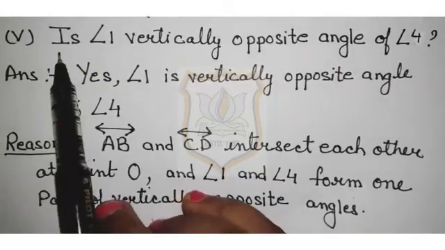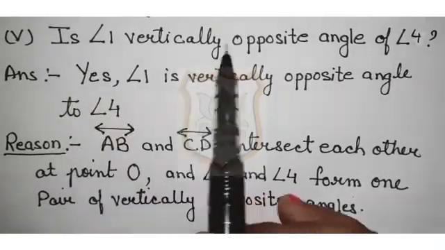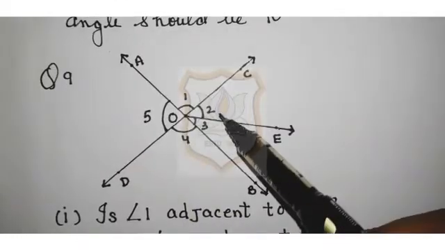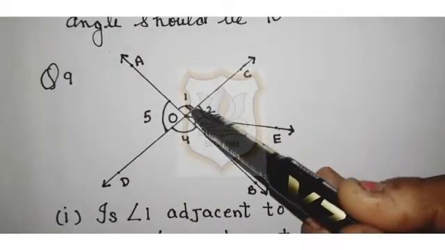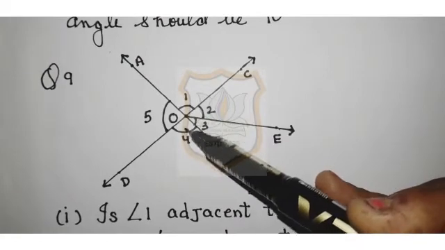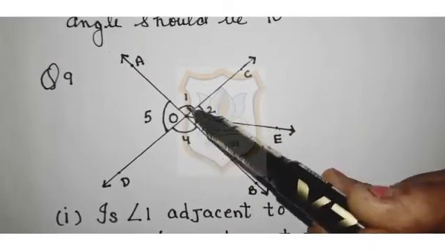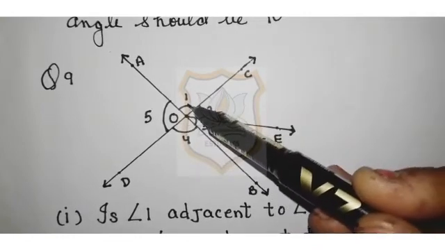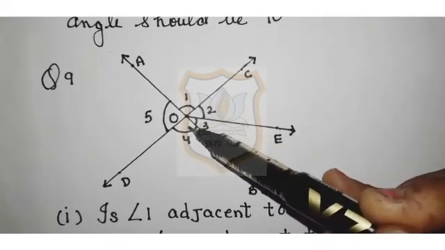Fifth part is: is angle 1 vertically opposite to angle 4? Again look at this figure. Angle 1 is here and angle 4 is here. Are both of them vertically opposite angles or not? Yes, both of them are vertically opposite angles.